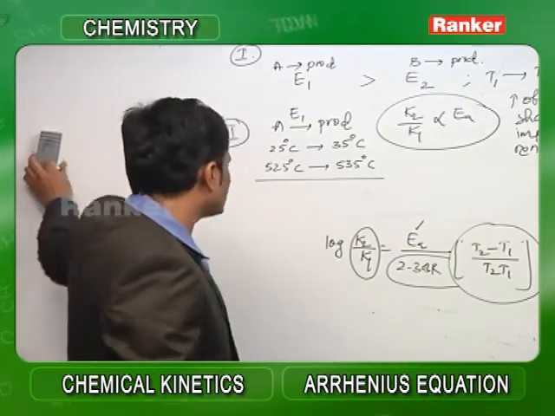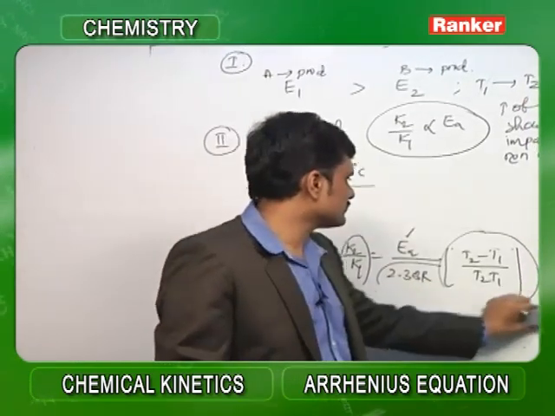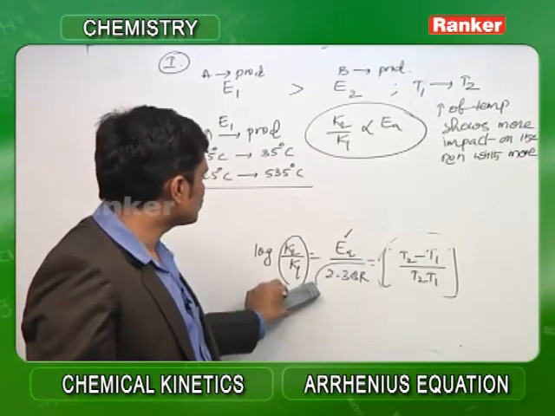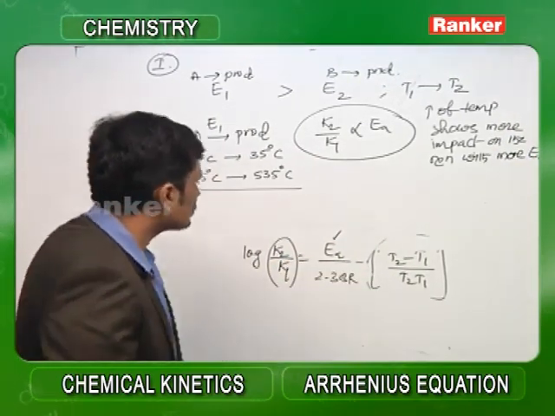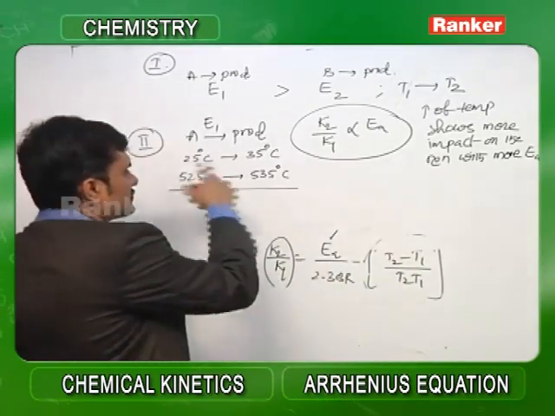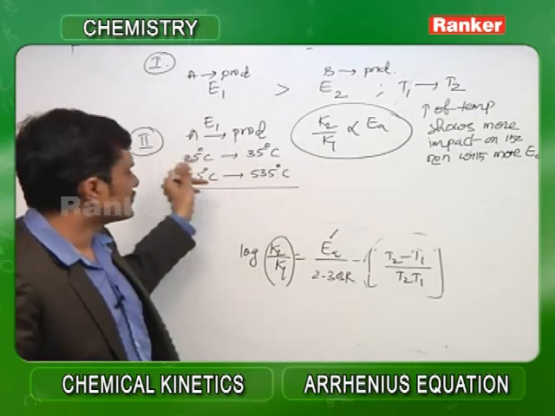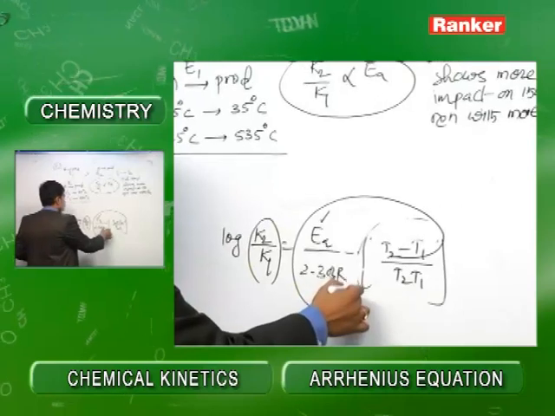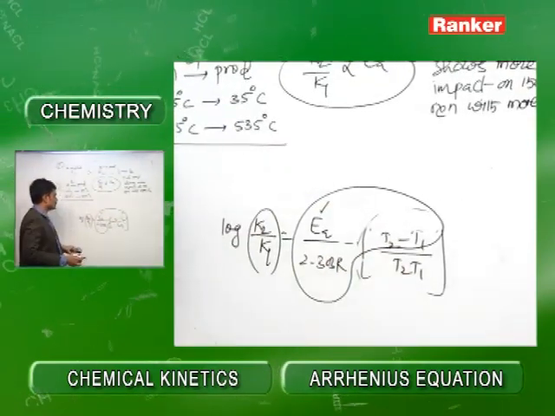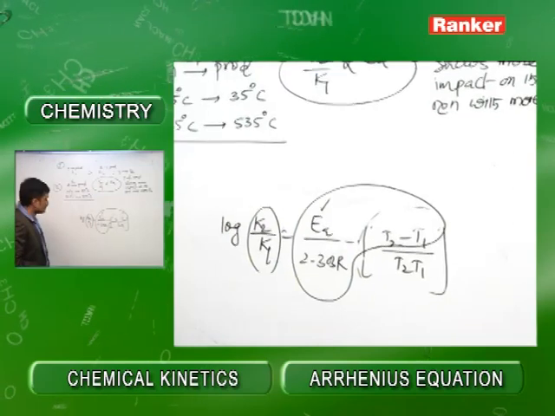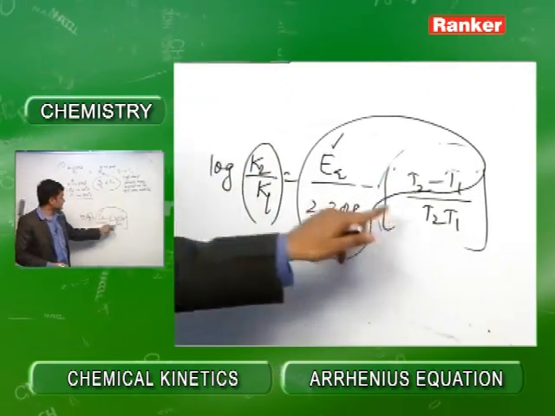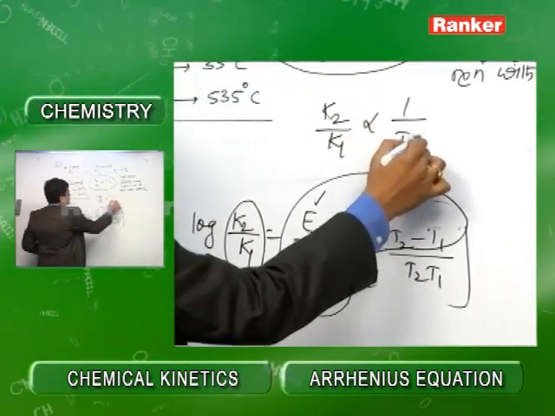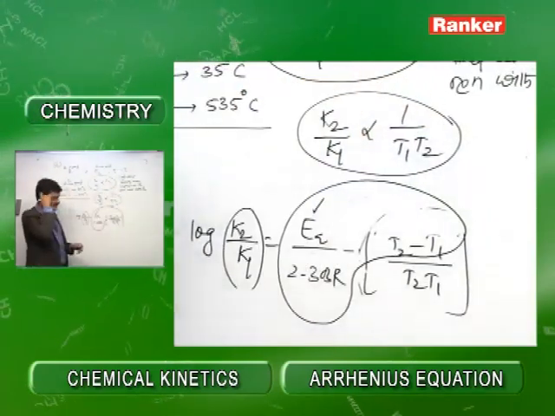Now you can see in the same equation, just observe the constant values, what all remains constant. You see here, in this case T2 minus T1, the variation of temperature, is only 10 degrees. So this whole thing remained constant. So K2 by K1 in this case is inversely proportional to the product of the temperatures.